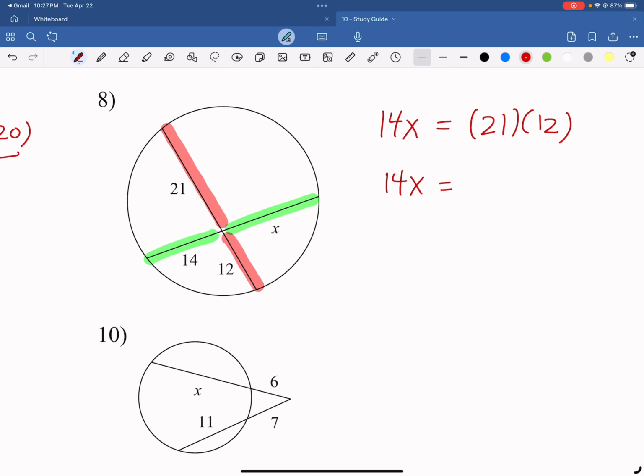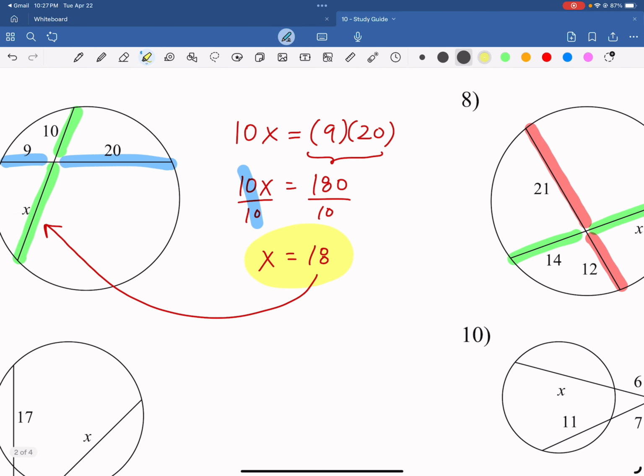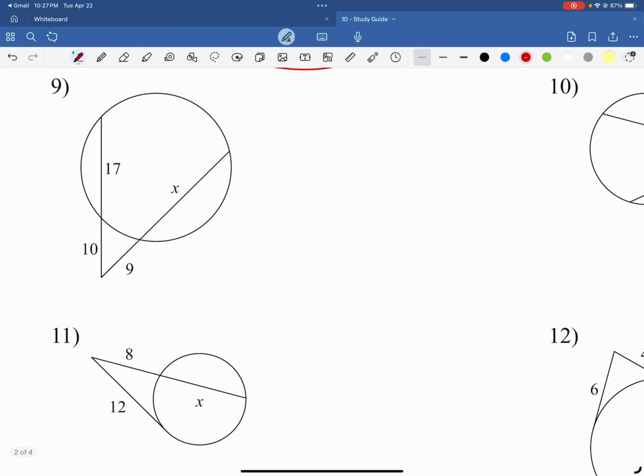Well, 14x is going to be equal to, these two are going to multiply to 252. To get x by itself, just divide by 14, divide by 14, boom, they're gone. X equals 18. Nice. We love Bob. Bob's our uncle. Let's keep going.